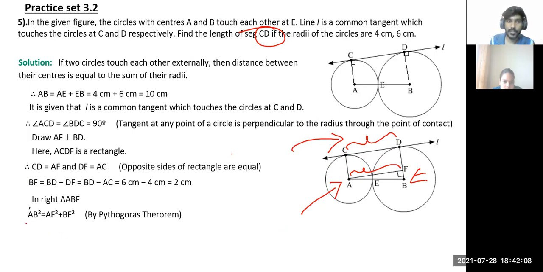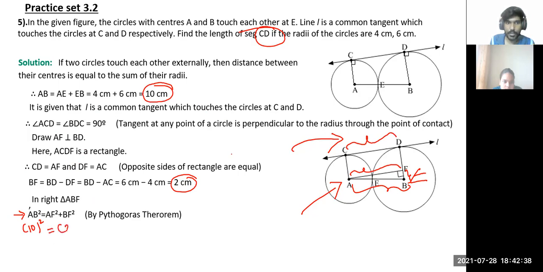By the Pythagoras theorem, we get AB square is equal to AF square plus BF square. Substitute the values. BF is 2 centimeters, and you found out AB at the start, which is 10 centimeters. So AB is 10, so 10 square.